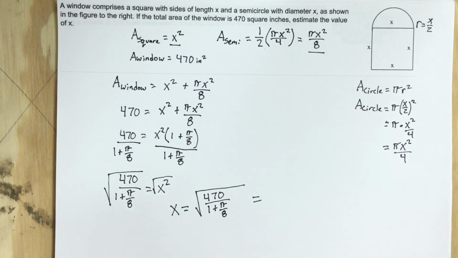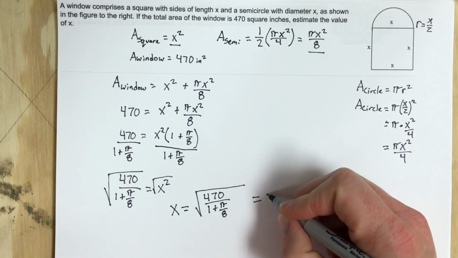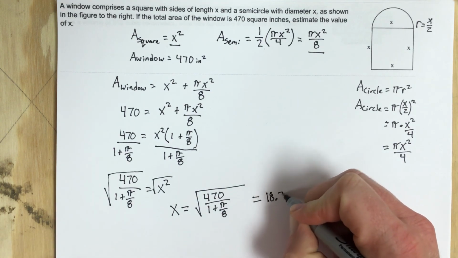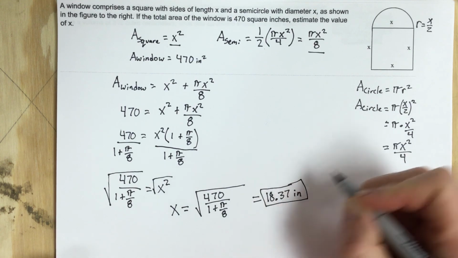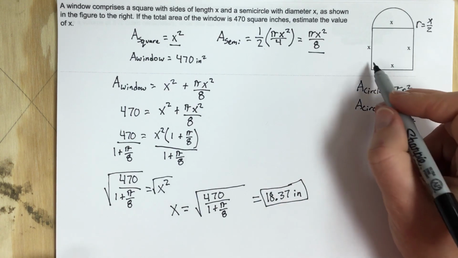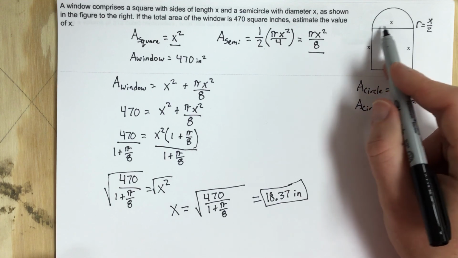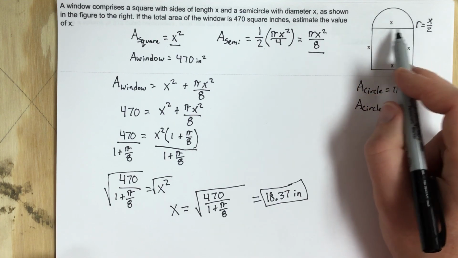And we get 18.37, and that's 18.37 inches. So the dimensions of this square are 18.37 inches, and the diameter of that semicircle is 18.37 inches.